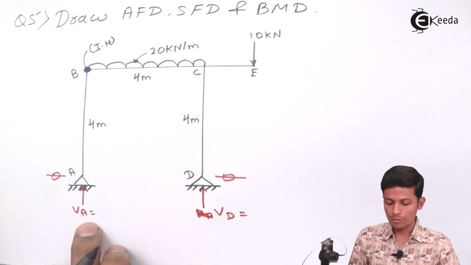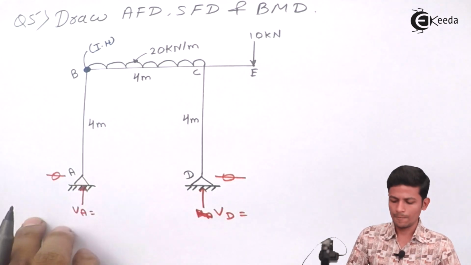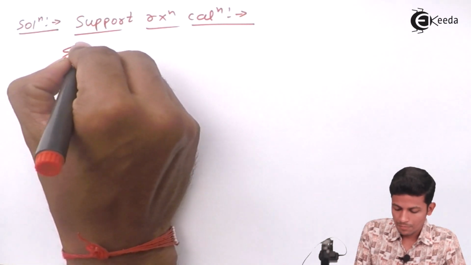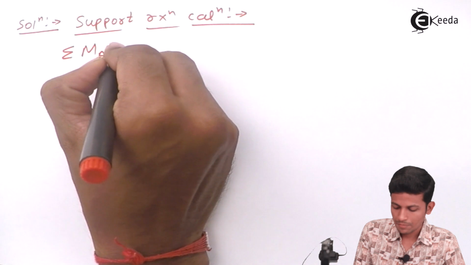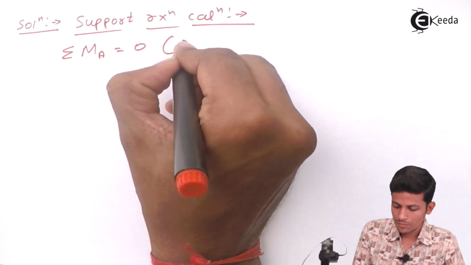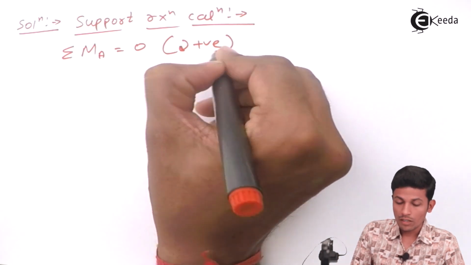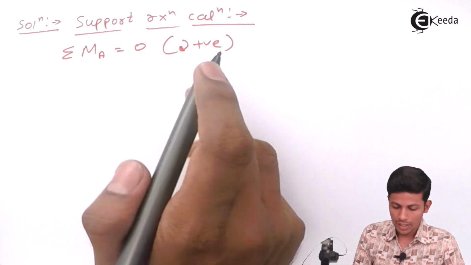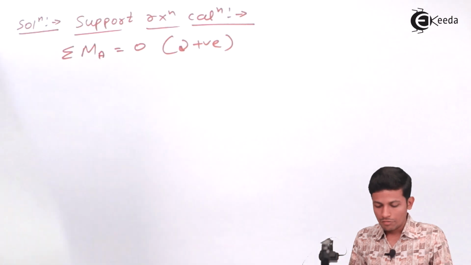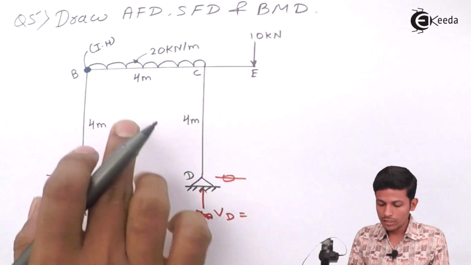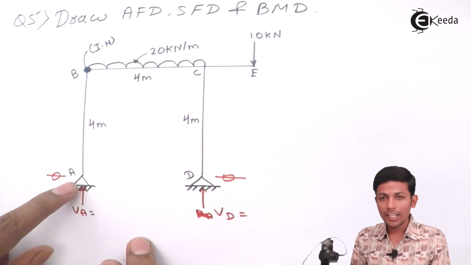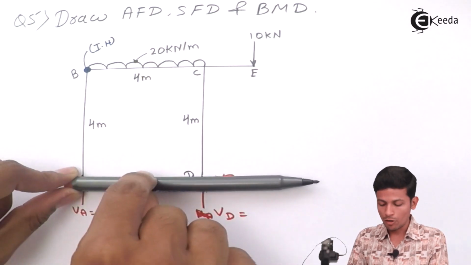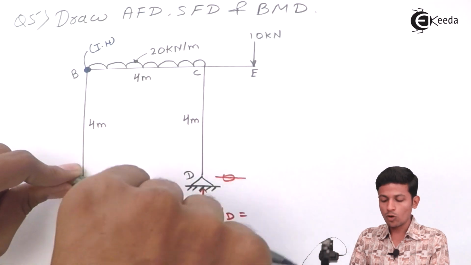To find VD, what we have to do, taking moment at A normally. Taking moment at A equal to 0, clockwise positive. Okay, now what will we get? See, first, since UDL is coming, and we are taking moment over here, we have to put our rod over here and apply 20 kN from upward. This will go in clockwise direction.